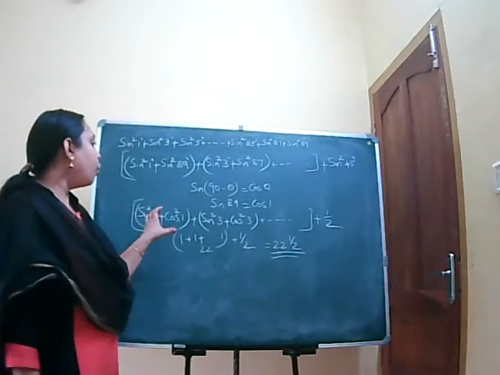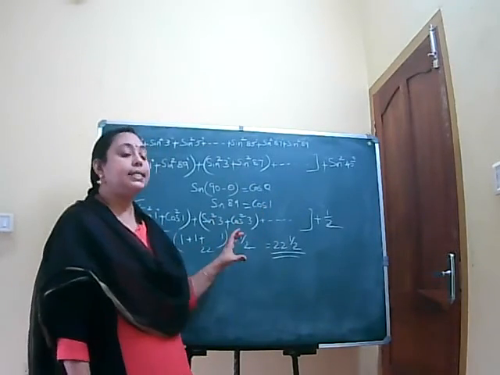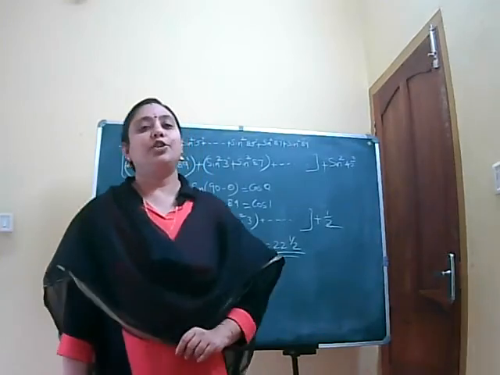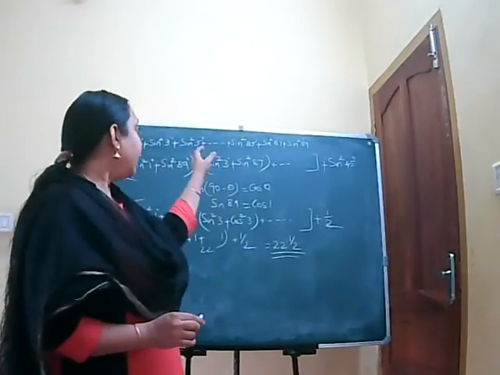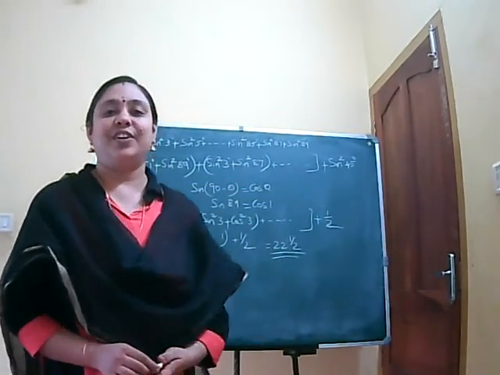Since the value of each pair is 1, we get the value as 22 plus half, that is 22 and half. So, the value of our required expression is 22 and half.